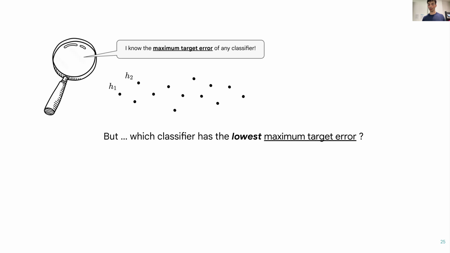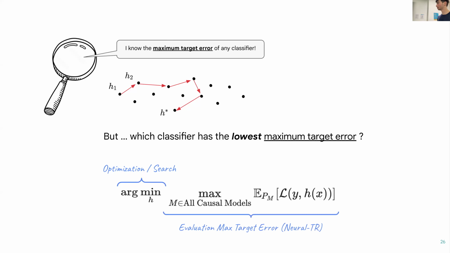So this is going to be the optimization problem, in which we're going to be interested to search over our space of classifiers to find the one that minimizes the maximum target error. So the maximum target error part is taken care of with this previous procedure, and now we're going to be looking at finding a way of efficiently searching in the space of functions.